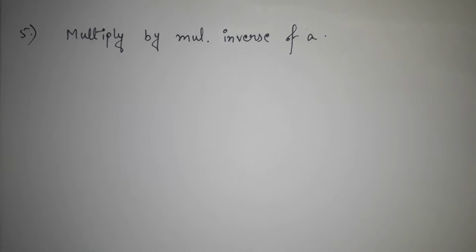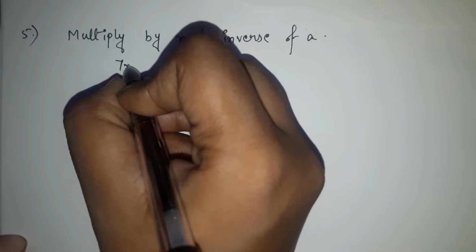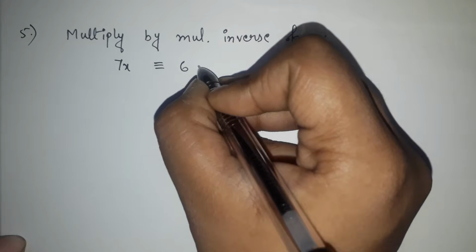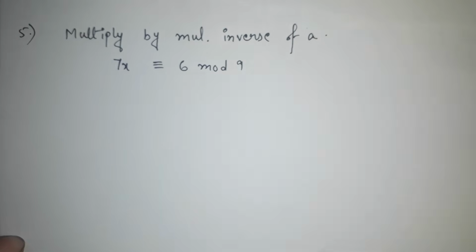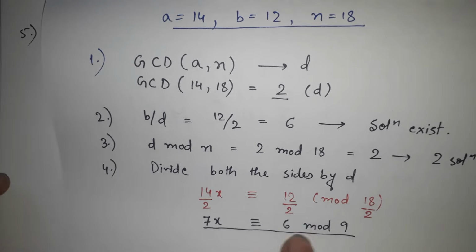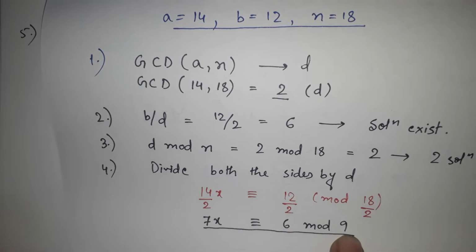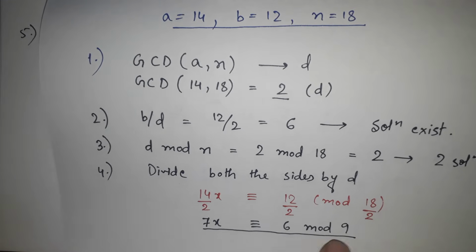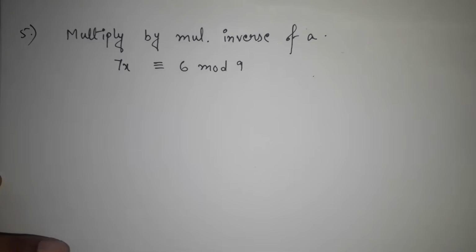So the equation that we got in the previous step is 7x is congruent to 6 mod 9, right? The equation that we have already found out, 7x is congruent to 6 mod 9. So in this equation we will multiply both the sides with a inverse, that is 7 inverse.